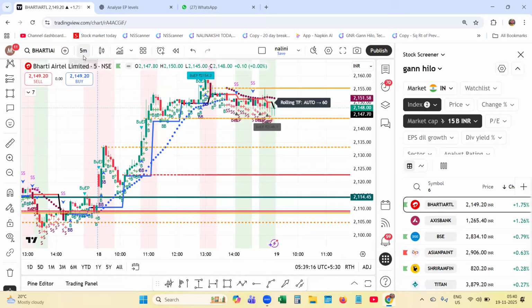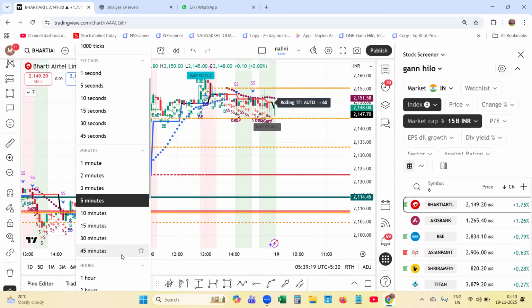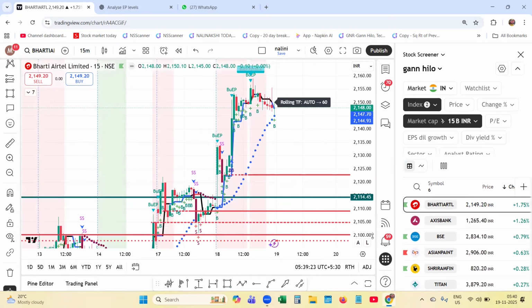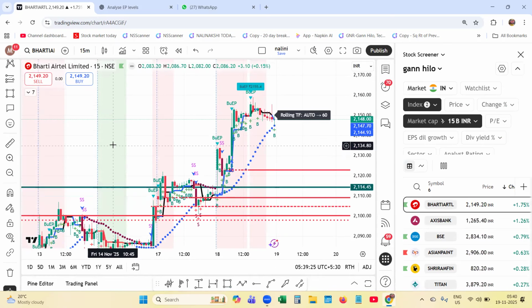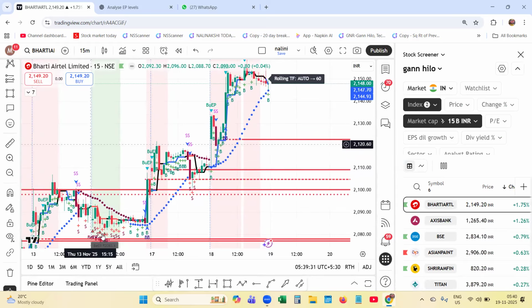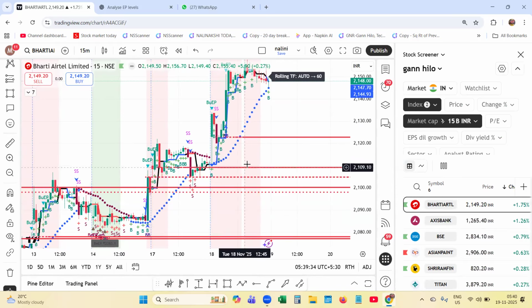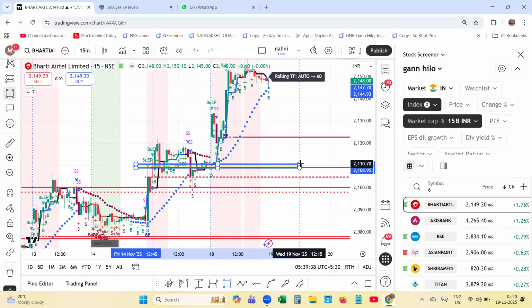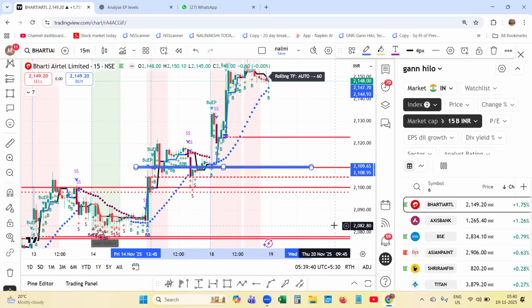So the first step is, what we need to do is go to the 15 minutes time frame. You will get hourly levels. Let me remove one tray. See, the hourly resistance was here. The resistance was here.